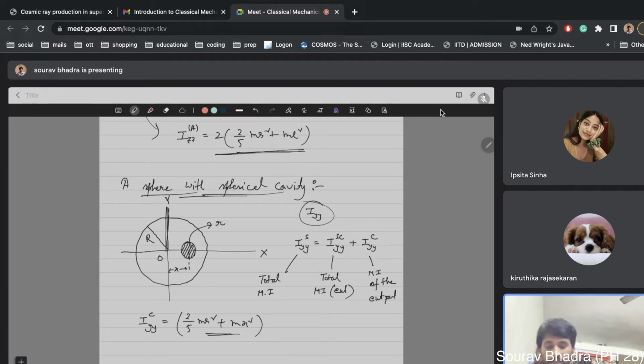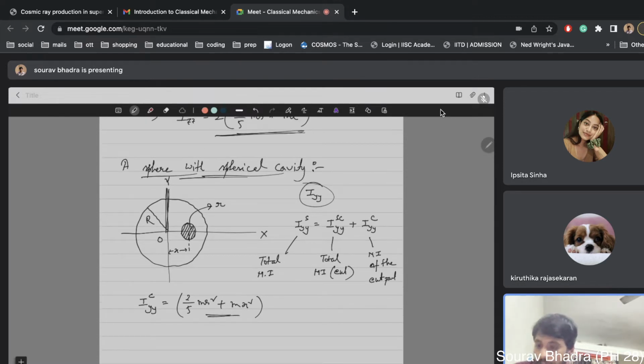Now the total moment of inertia when there was no cut part, only the solid sphere was existing. In this case the solid was 2/5 M R square, because it was rotating as a solid body and there was no cut part. So capital M is the mass of the solid body.